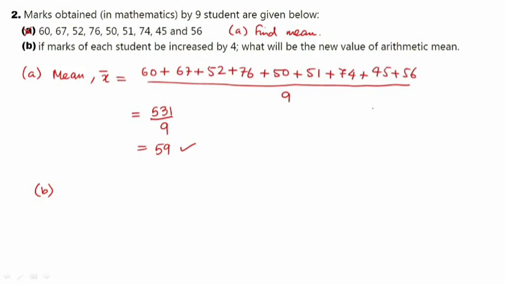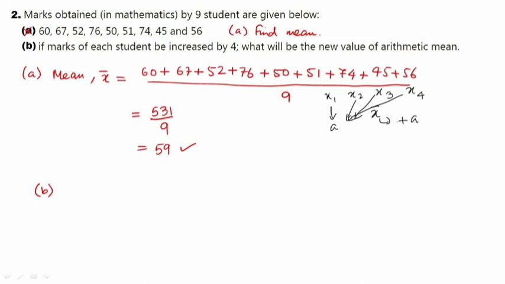Suppose your mean is x bar, and the observations are x1, x2, x3, x4. If each observation is increased by a number a, then your mean will also increase by a.